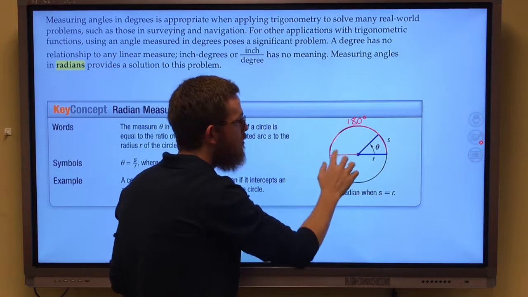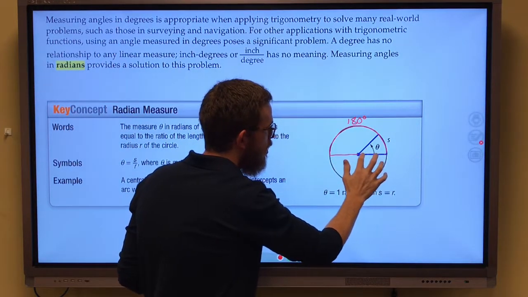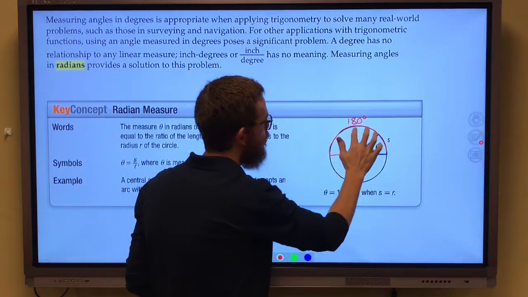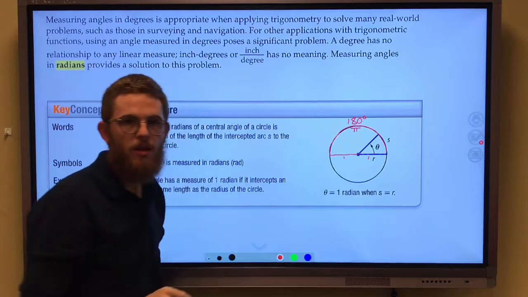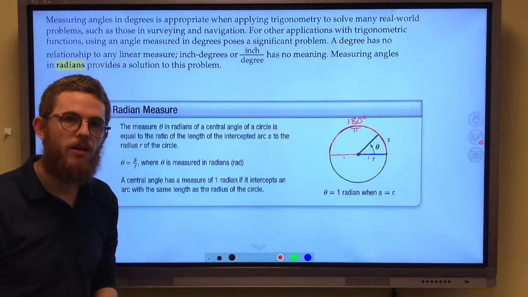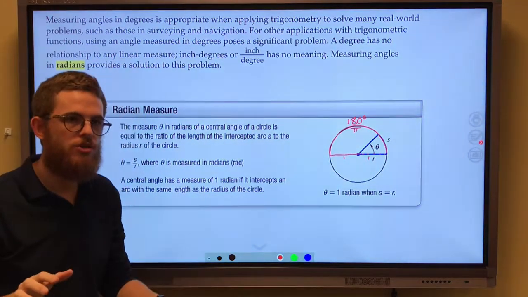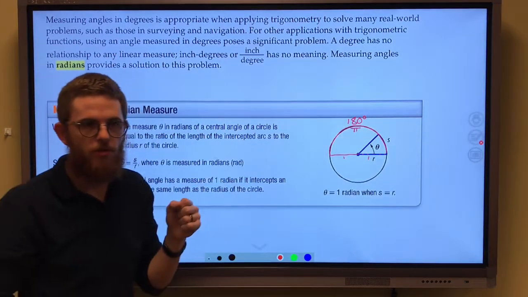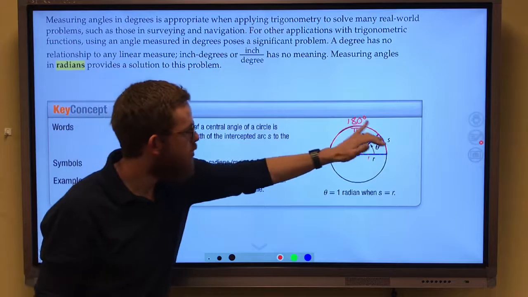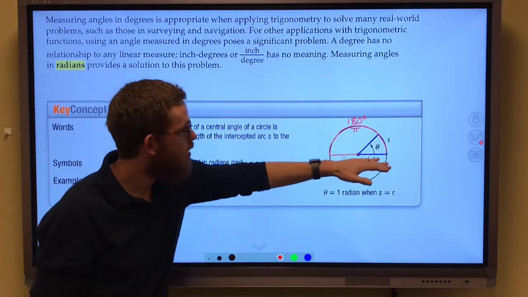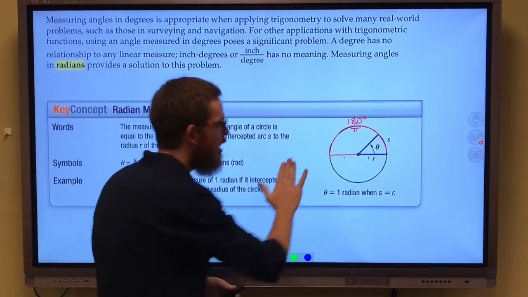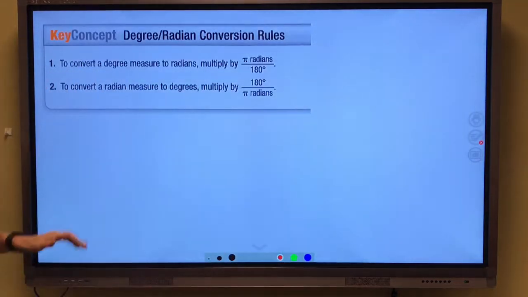But also half of a circle, if our radius is 1, has a circumference of pi. So knowing this relationship, the semicircle right there would be a length of pi, but at the same time it's 180 degrees. Well, that gives us all the information we need in order to convert between radians and degrees.